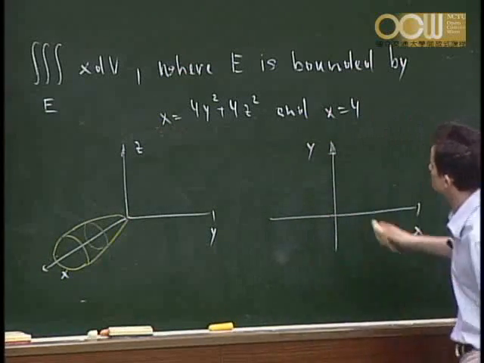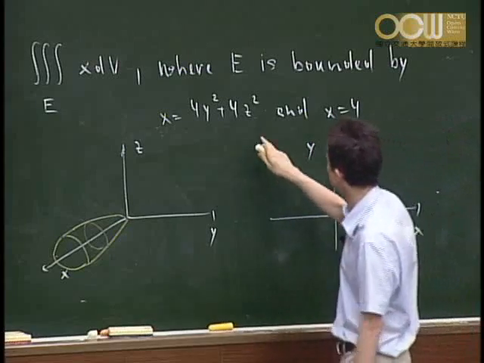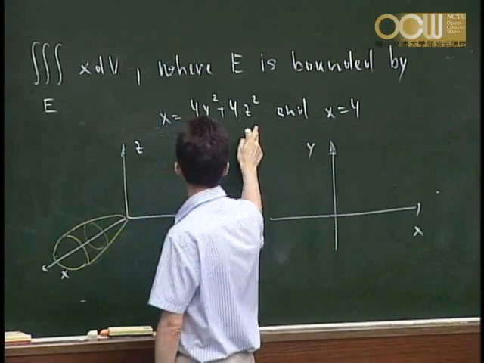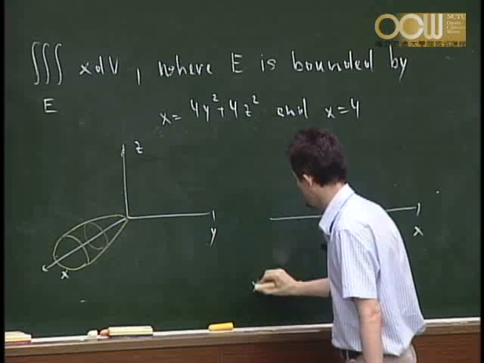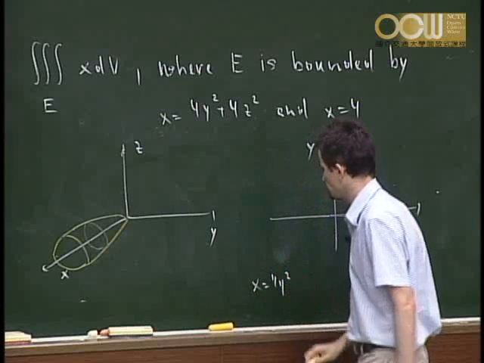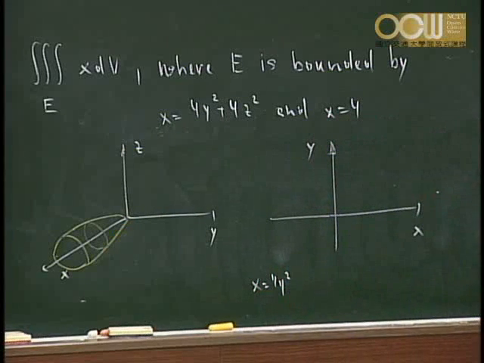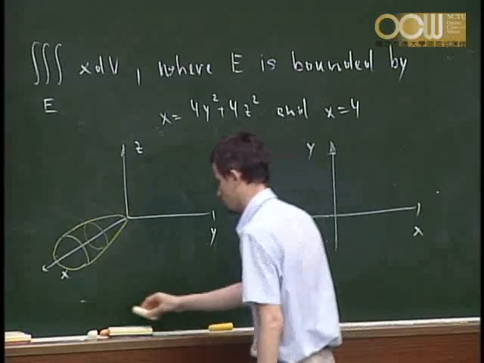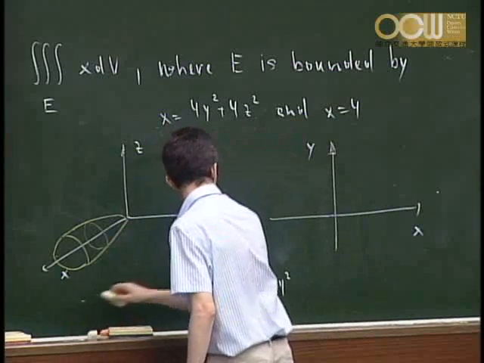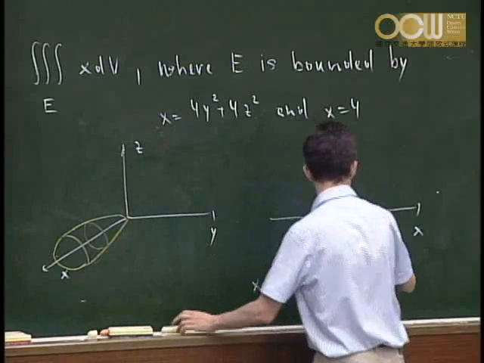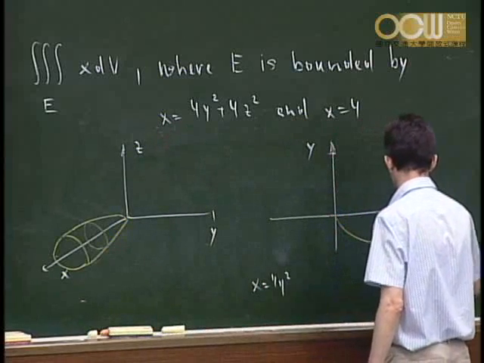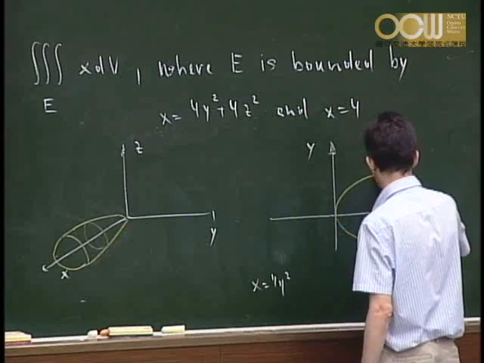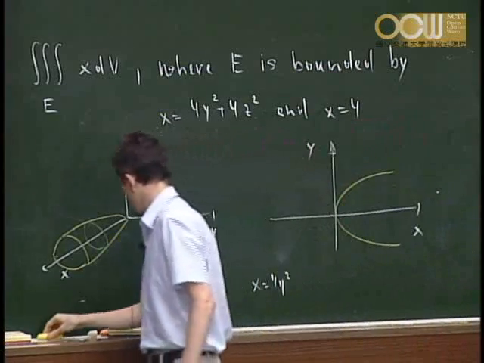So x goes from 0 to 4, and because now z is equal to 0, what you have is x equals 4 times y squared. So what you have here is a parabola.